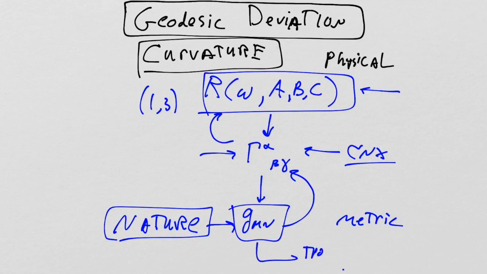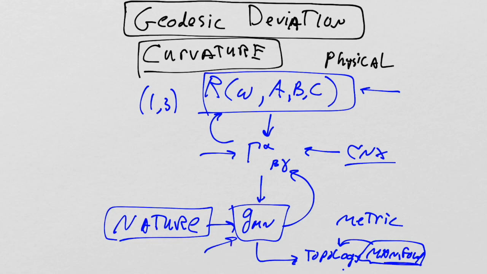There's the topology of the manifold, right? Meaning, I guess what I should be saying is that we're dealing with a manifold, right? So the manifold is a topological construct, and the manifold itself is what owns the metric. So in some sense, I suppose we could say we're going all the way down into the manifold.